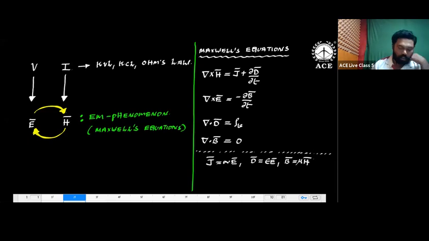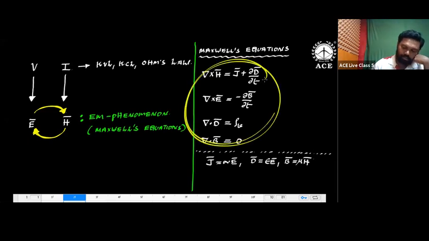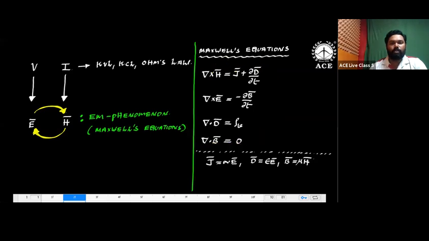See here, these are called Maxwell's equations. Del cross H is equal to J plus dou D by dou T. Del cross E is equal to minus dou B by dou T. Divergence of D is equal to rho V. Divergence of B is equal to 0. Looking like very complicated equations.